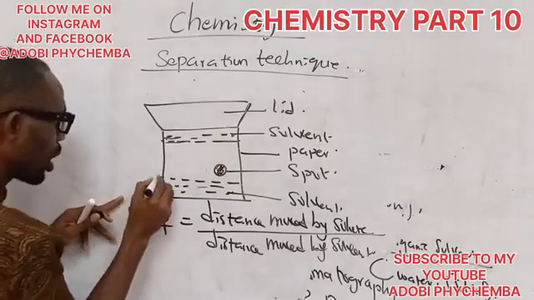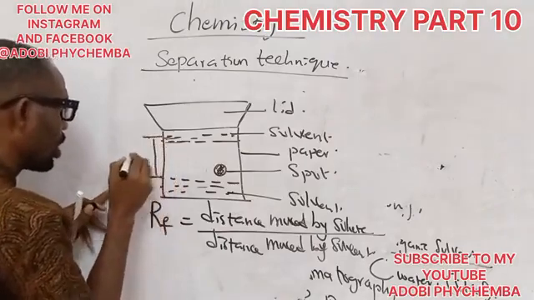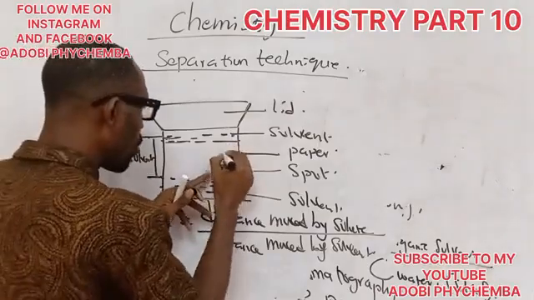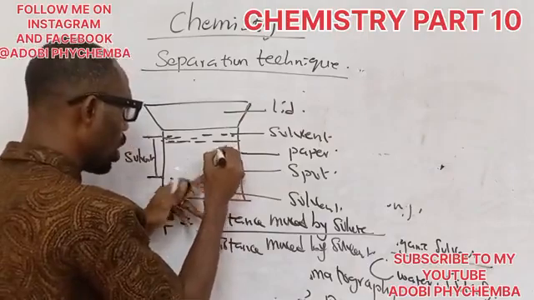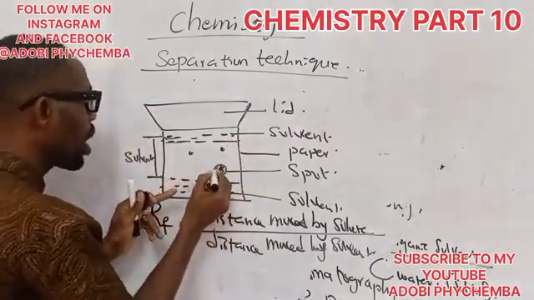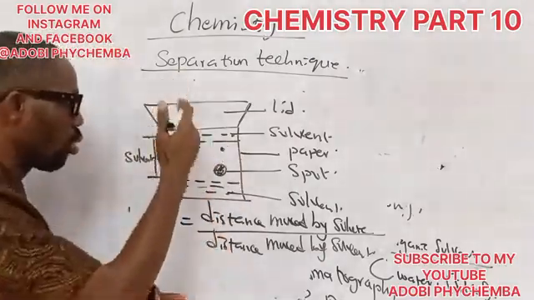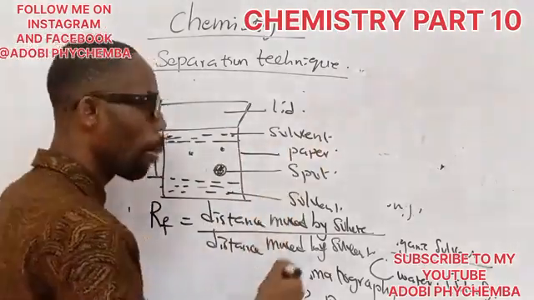So from here to this point will represent the distance moved by solvent. If you have the complex mixture separated from this solute, you have something here and another one here. Then from here to here will be the distance moved by the solute in this solvent, in this paper chromatography. Do you understand that? Let's solve this.